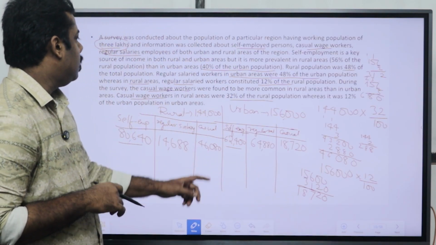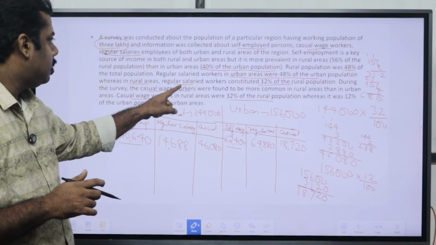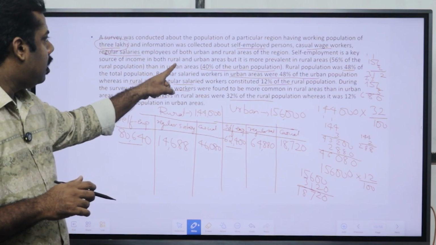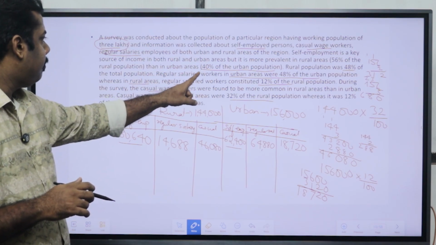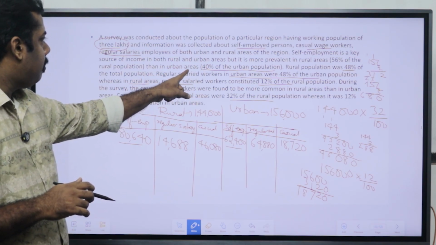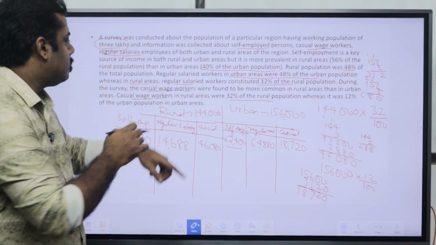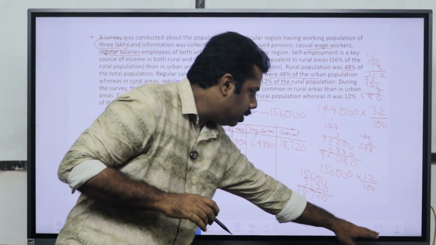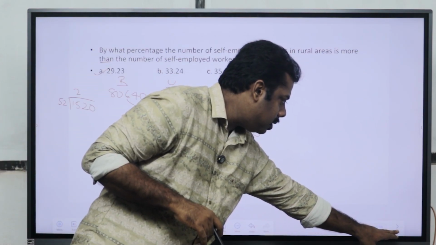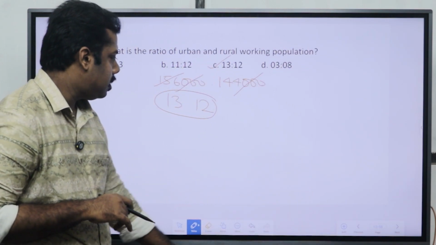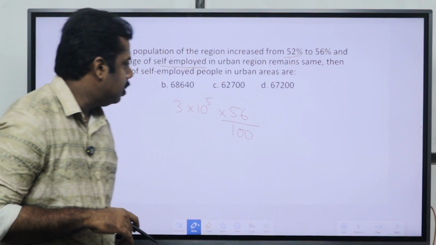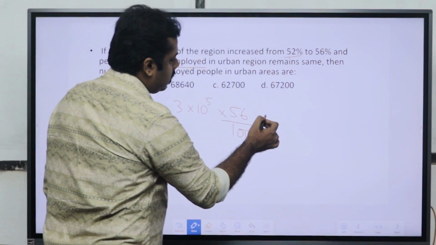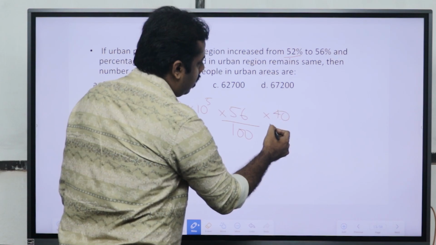In the urban region it was 40 percentage. They have told in the question that the percentage hasn't changed, so the percentage is the same, 40 percentage.